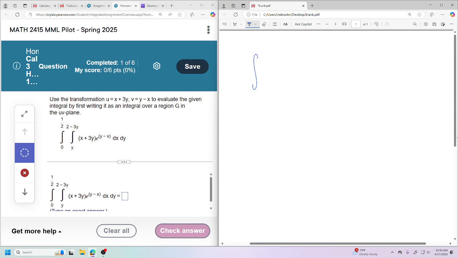All right. So a double integral of all this stuff. The main thing that I'm looking at is the u and v, and this is why we're in the Jacobian section anyways, to do some substitution to make it easier. So u is equal to x plus 3y, and v is equal to y minus x. Do I see those somewhere here?